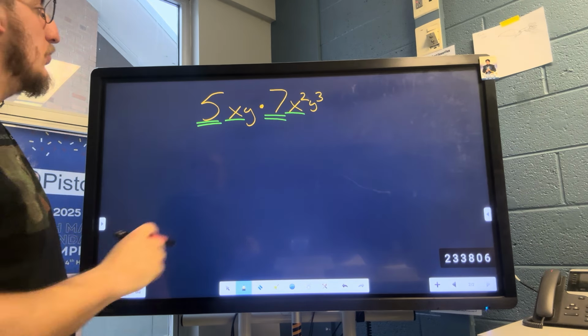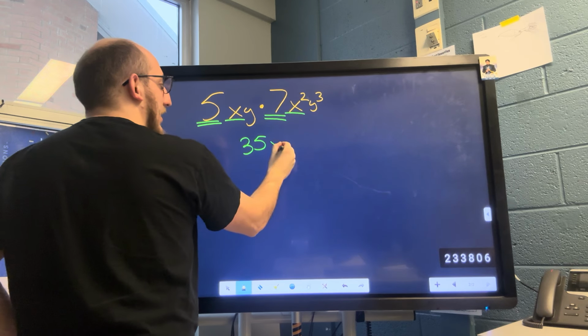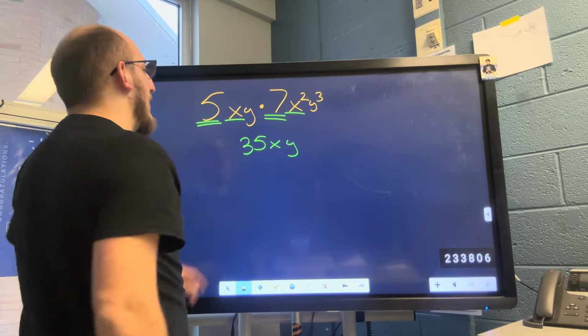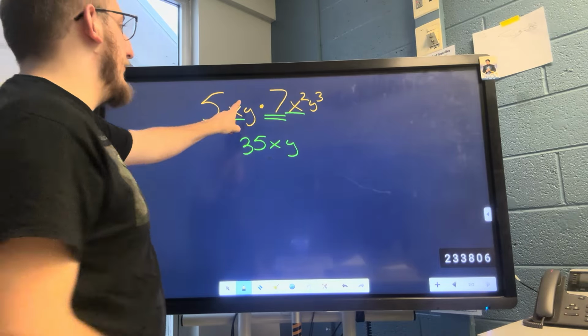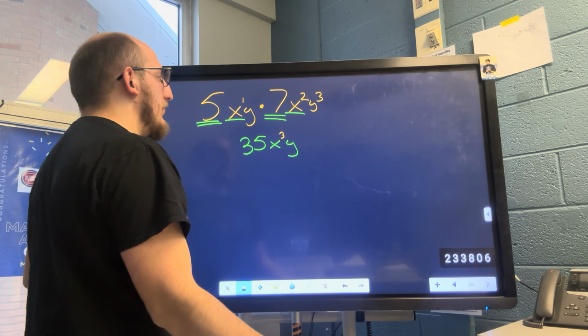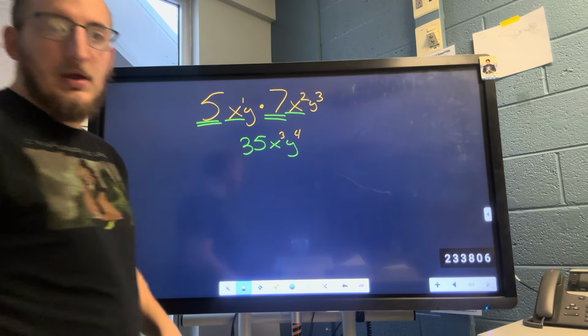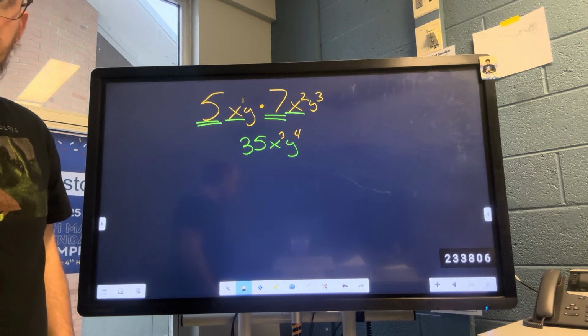So we're going to do 5 times 7, which is 35. I know I'm going to have some x's and some y's. How many x's will I have? I have 1 here and 2 there, so I got 3 total. How many y's do I have? 1 here, 3 there, 4 total. Deal?